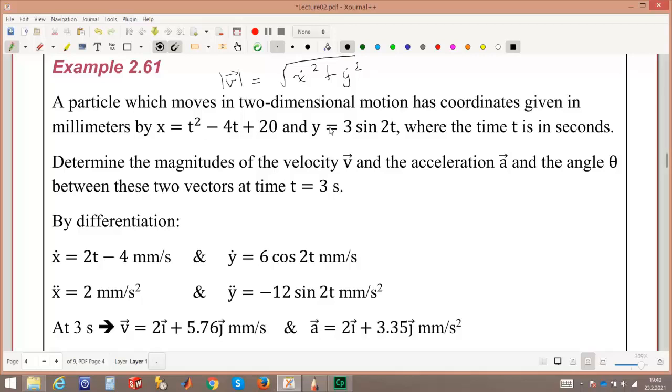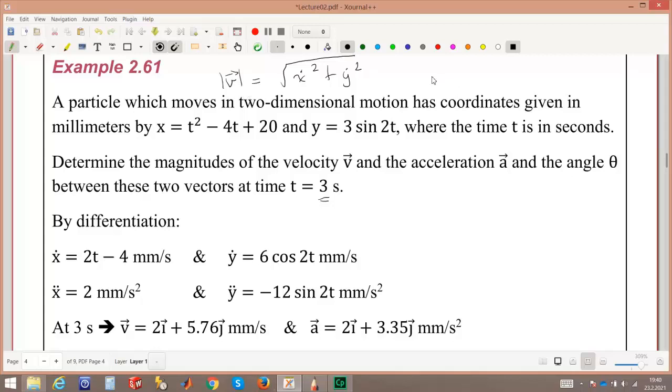And x and y are already as functions of time, so it's easy to take derivative of them with respect to time. And this calculation will happen at time equals 3, so instead of t, you will substitute the value of 3 into the equation, and then you will find the magnitude of the velocity, which is basically speed.